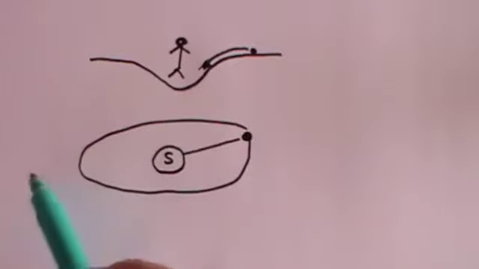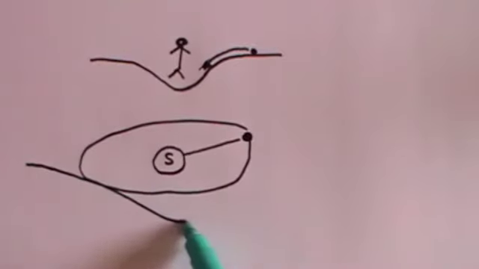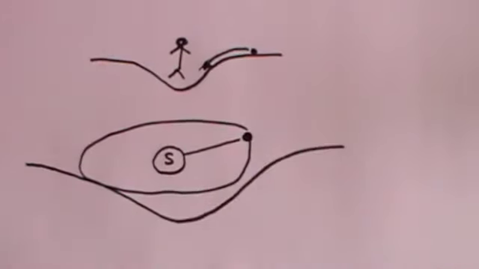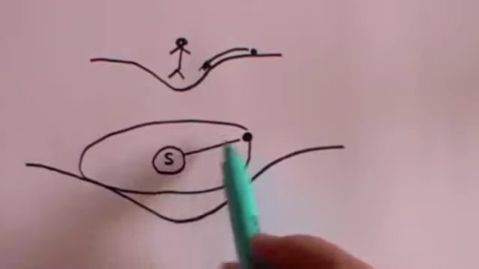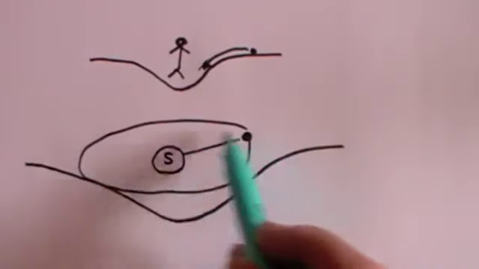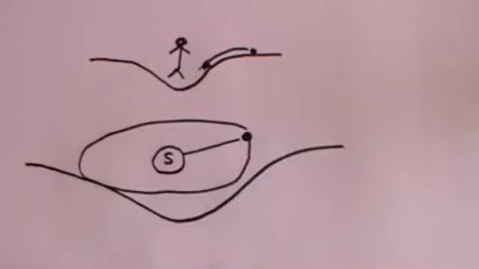Einstein says, no, that's not it at all. What happens is the Sun, being massive, curves space-time, and the Earth is simply going round that curve in a straight line in curved space-time.